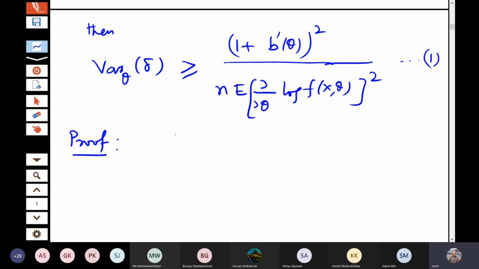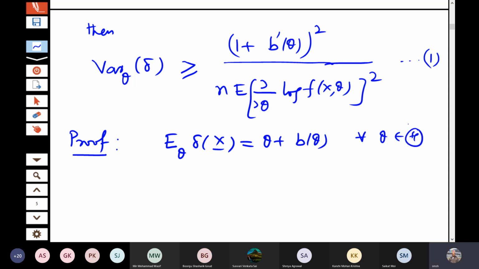So the proof, with the modern tools that you have, is quite simple. Because expectation is there, I will use only either integral or summation, because both are possible. So let me just consider this here. This is the integral of delta(x) times the product of f(xi, theta), i equal to 1 to n, dx.